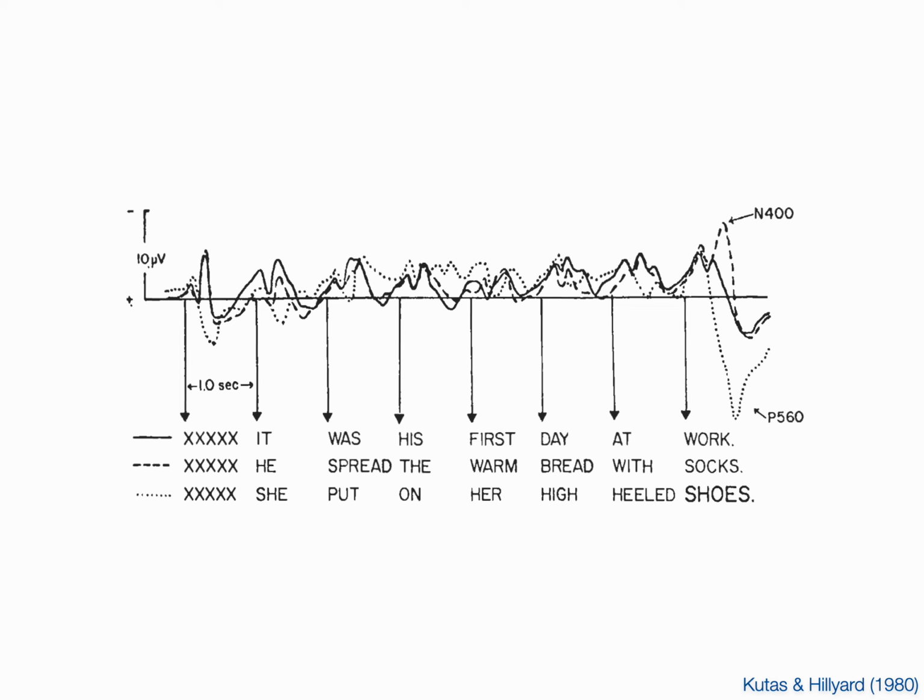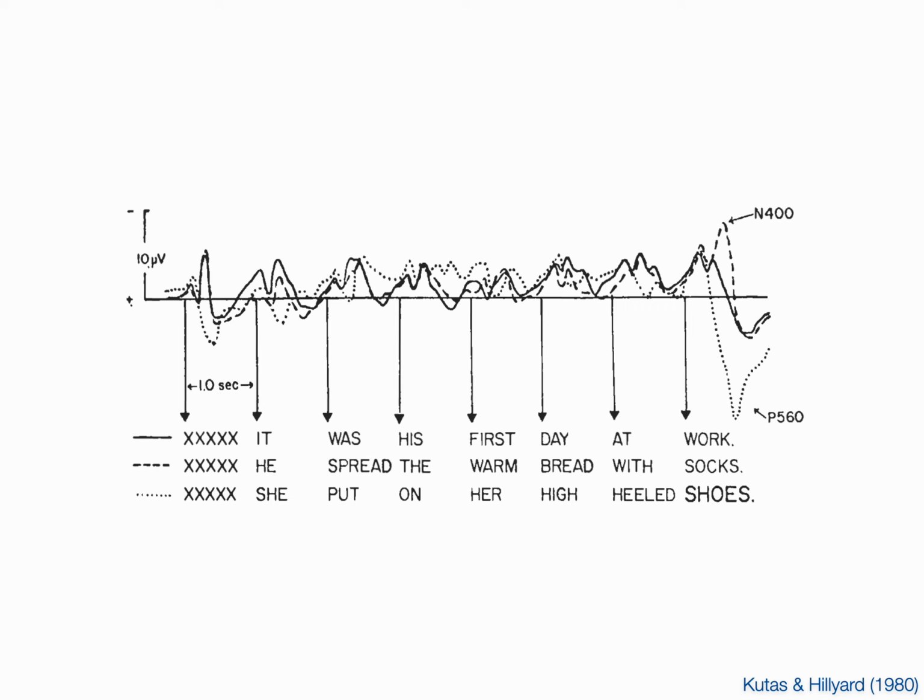So they found two different effects. For the violation of semantic expectancy, they find an N400, a negative polarity brainwave peaking around 400 milliseconds, so less than half a second from the onset of the word socks. For the violation of perceptual expectancy, they found a P560, so this brainwave has a later peak at around 560 milliseconds compared to the N400.